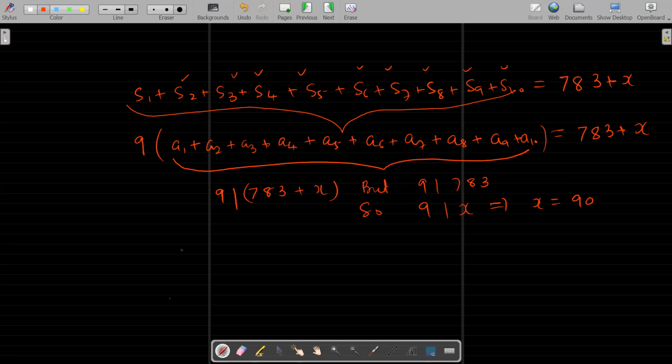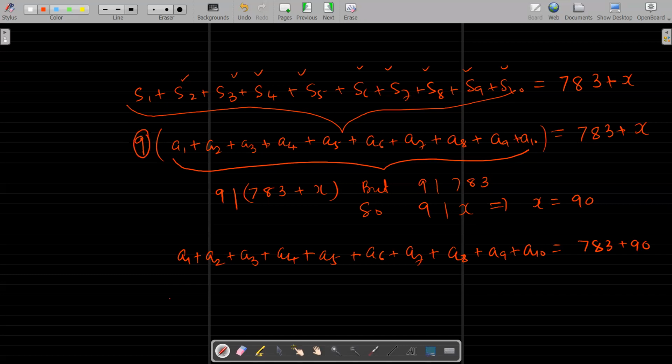A1 plus A2 plus A3 plus A4 plus A5 plus A6 plus A7 plus A8 plus A9 plus A10 is 783 plus 90, and I'll take this 9 to the right side for division. Everyone agrees?